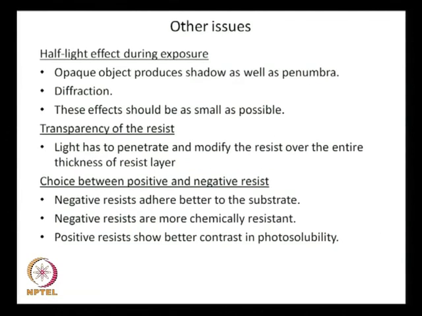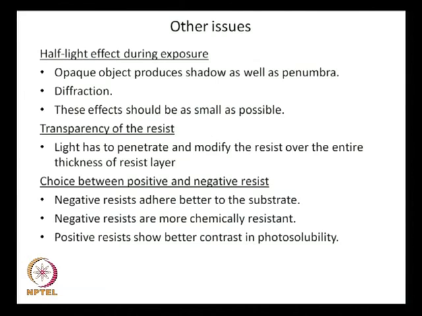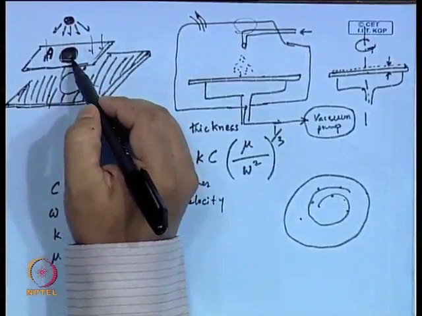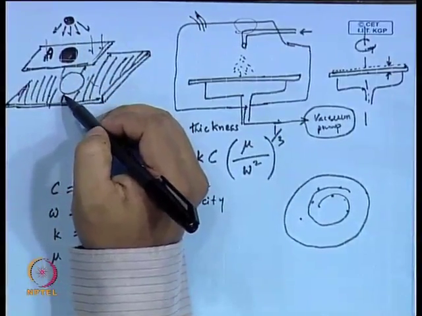Now, there are other issues to this photolithography process. These you should have pointed out at the very outset. The other issue is the half light effect during exposure. The half light effect is that an opaque object produces shadow as well as penumbra. What is that? There would be a source of light, and then a mask, and there is pattern transfer happening.